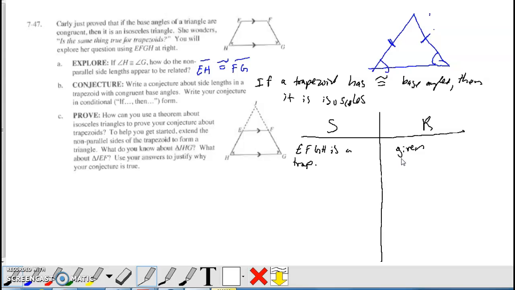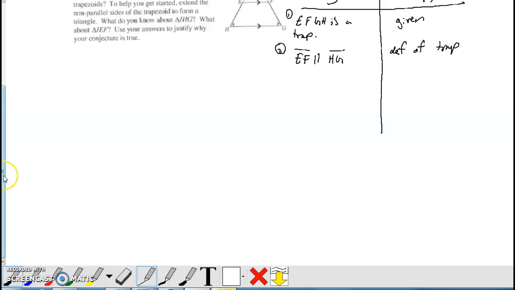What do we know about a trapezoid? Well, it was also given to us that things are parallel to each other. So second statement, we would say that EF is parallel to HG, and I'm going to say definition of a trapezoid for that one.